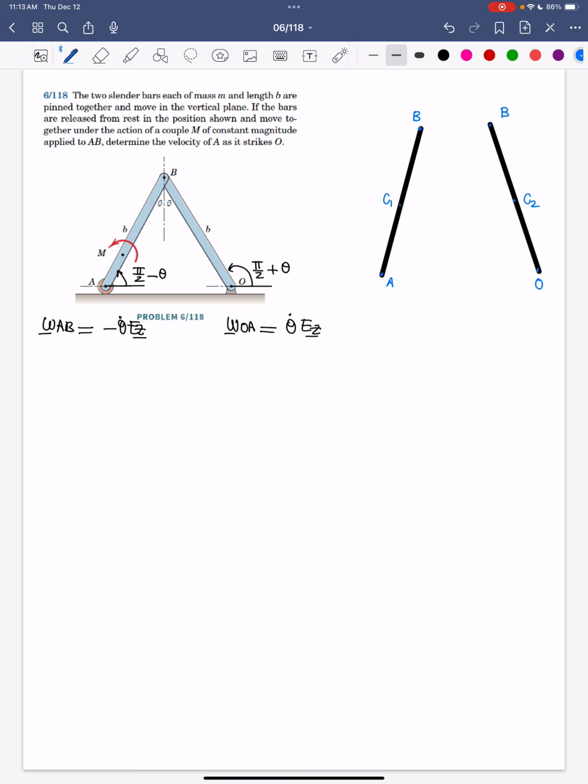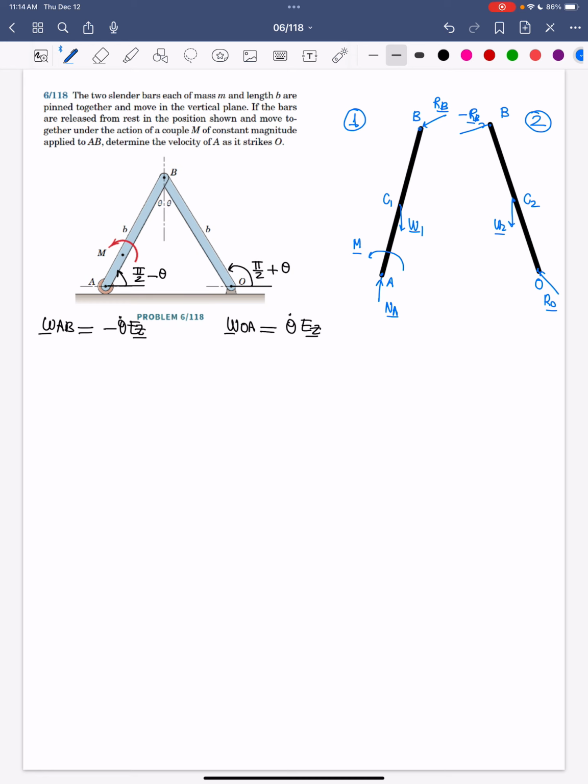That's for bar 1 and bar 2. I have the normal force at A, weight W1 here, a reaction force at B, and its opposite on the other side, action-reaction, W2, and a reaction force at O. One more thing, we have the couple moment applied at this bar. The actual location of the applied couple does not matter.